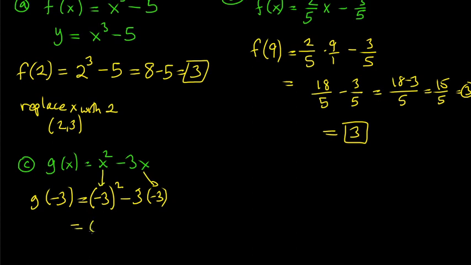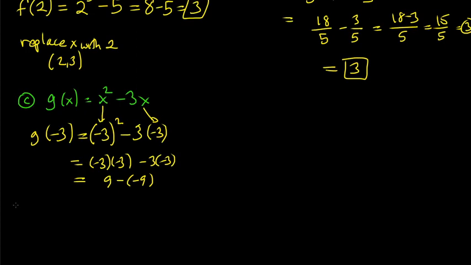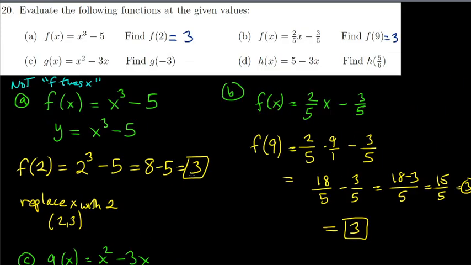Negative 3 squared is negative 3 times negative 3, so that's positive 9. Minus 3 times negative 3, so minus negative 9. Minus a negative is positive. So 9 plus 9 is 18. So the answer for C is 18. And just to make it official, g of negative 3 is the number 18.